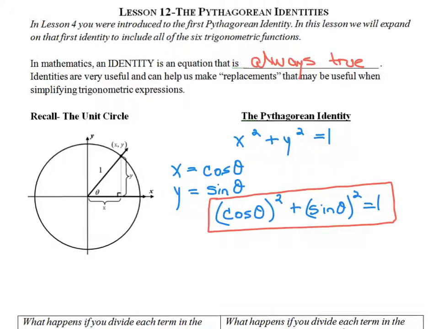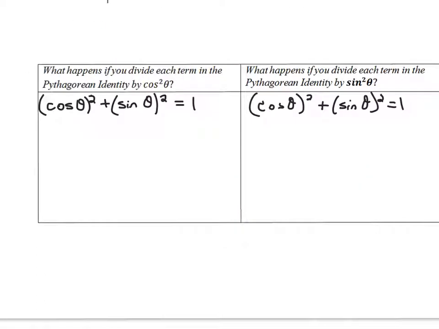Today we're going to expand on this Pythagorean identity and see how we can use it with all 6 of the trig functions. So take a look at the first box in your notes. It says, what happens if you divide each term in the Pythagorean identity by cosine squared theta? So I'm starting with my original Pythagorean identity, cosine squared plus sine squared equals 1.